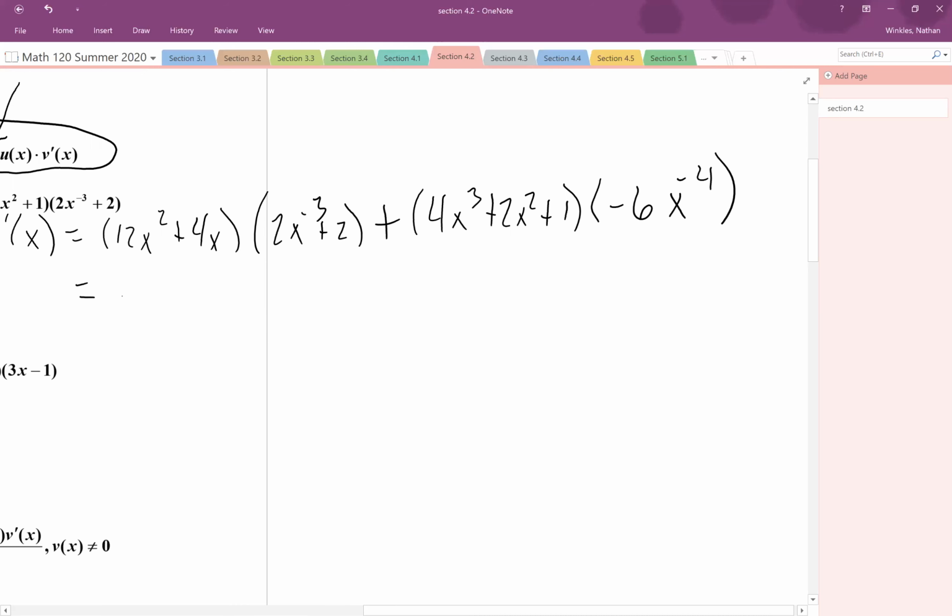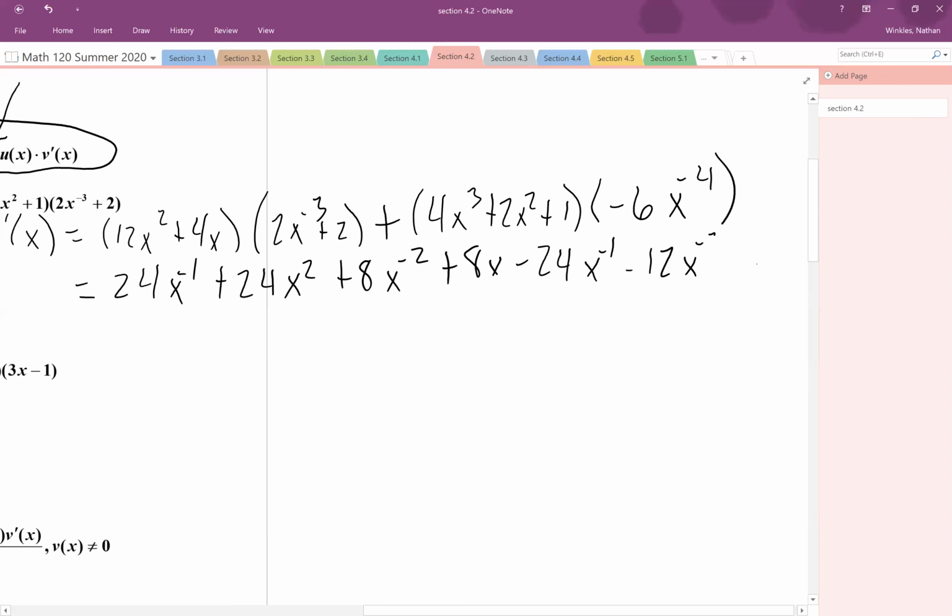So we would have 24x to the negative 1 plus 24x squared plus 8x to the negative 2 plus 8x. Distributing in the second case, we get minus 24x to the negative 1 minus 12x to the negative 2 minus 6x to the negative 4.